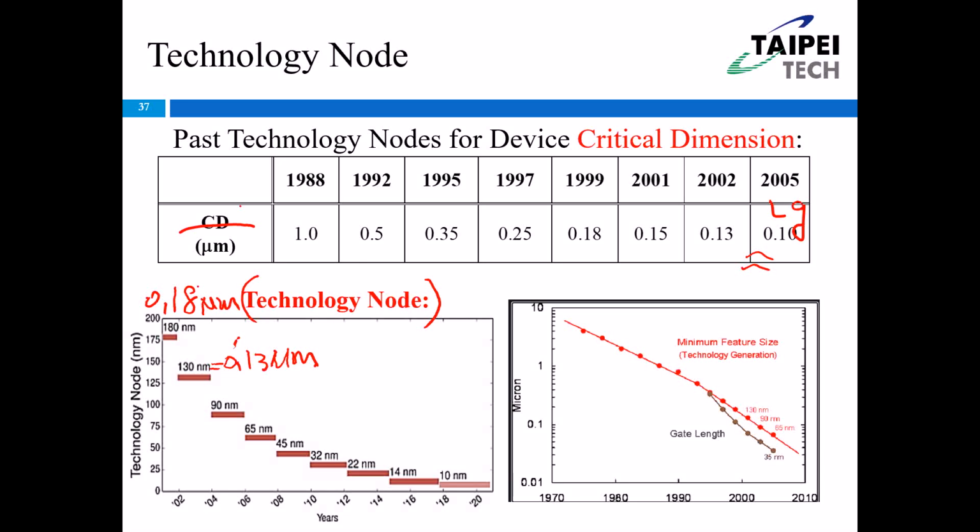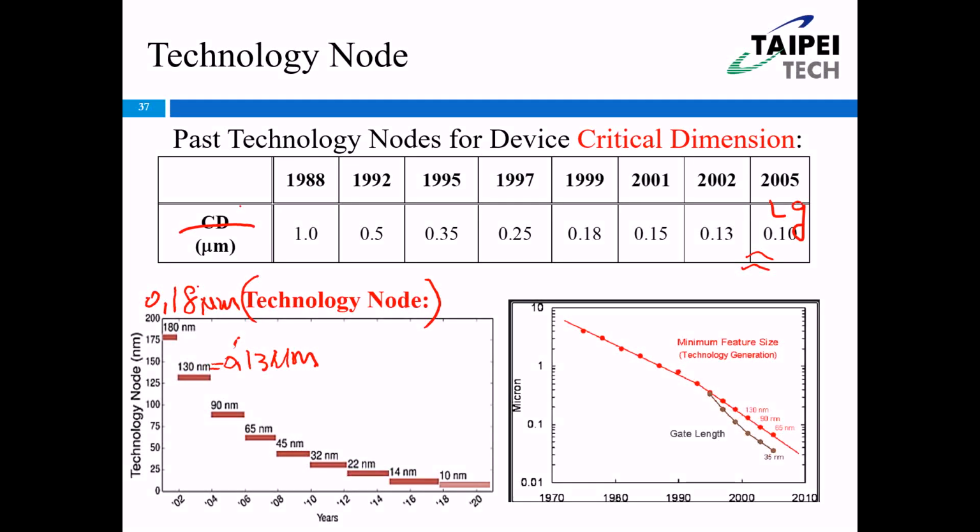So the critical dimension, the gate length, is almost the same as the technology node, right? But I will show you it's not right. Until right now, it's not accurate. But most of the engineers in TSMC think the technology node is the gate length. But I can prove it's not right.